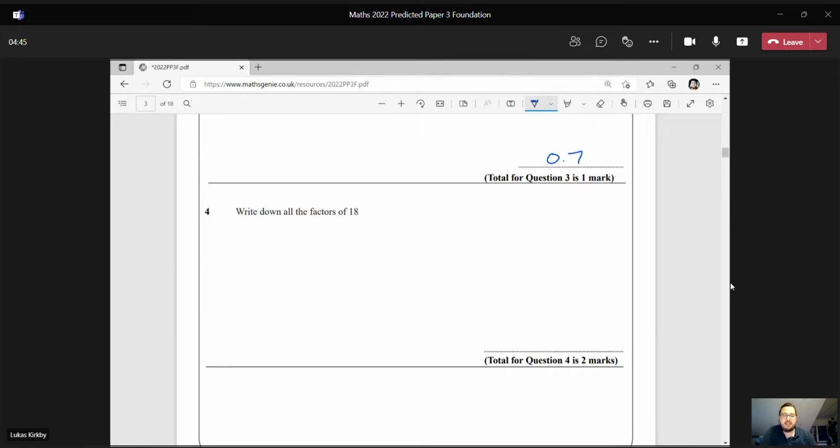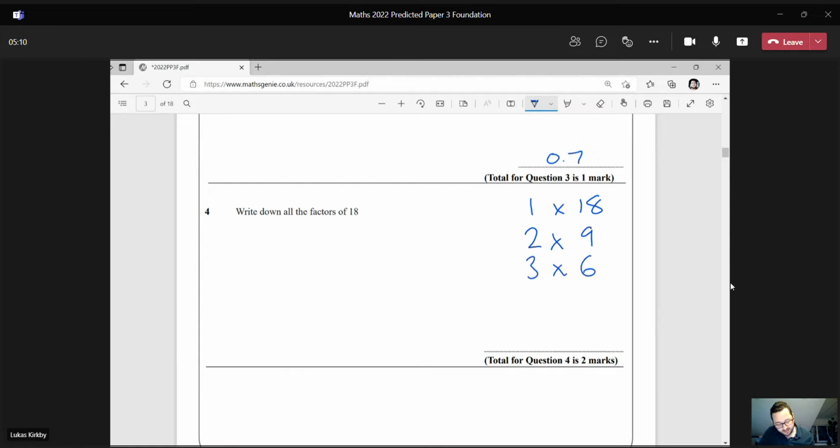Question 4 says write down all the factors of 18. So the way I like to do this is see what numbers times to make 18. So always start with 1 times the number, don't forget that, so 1 times 18. And then I've started with 1, so I'm just going to count up and see what I can keep getting. So does 2 go into 18? Yes, goes in 9 times. 3, does 3 go into 18?